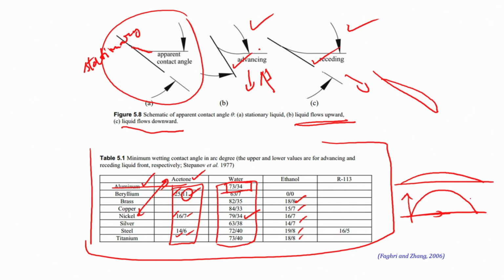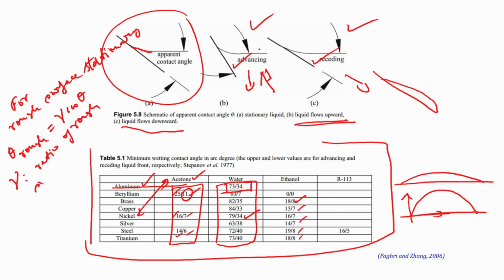Now, however, for rough surfaces, the contact angle that is exhibited by the rough surface is given by basically gamma cos theta, where gamma is the ratio of rough surface area to smooth surface area.